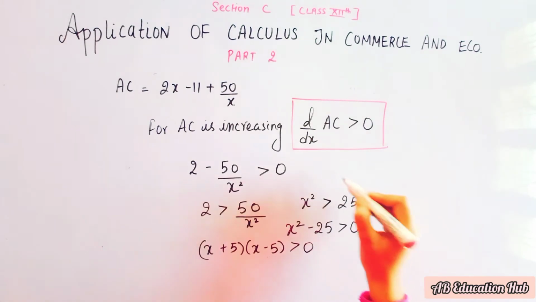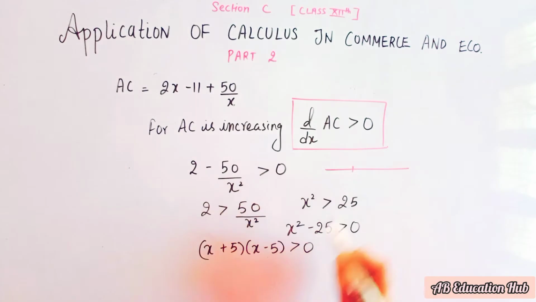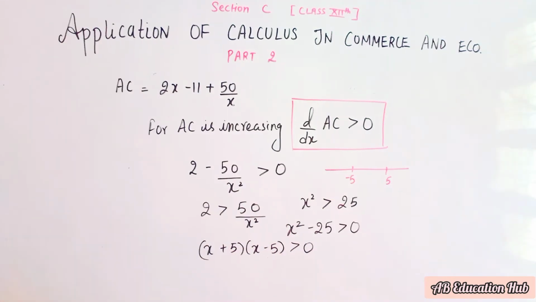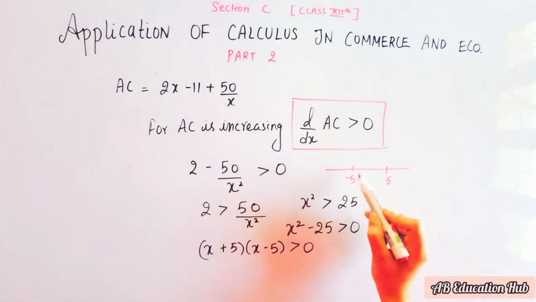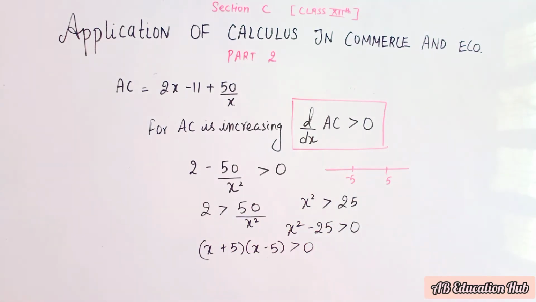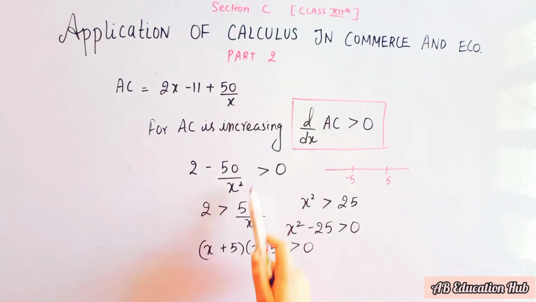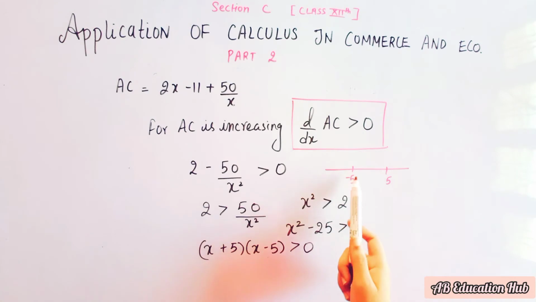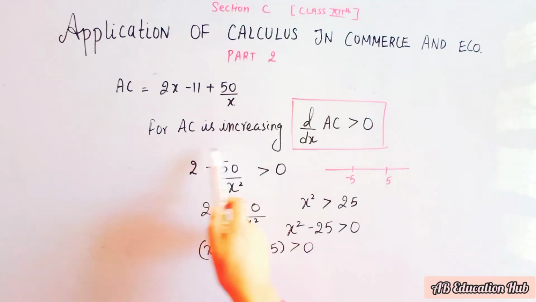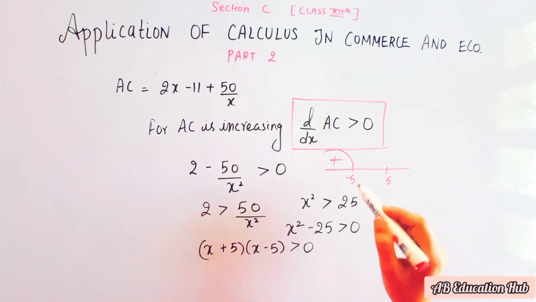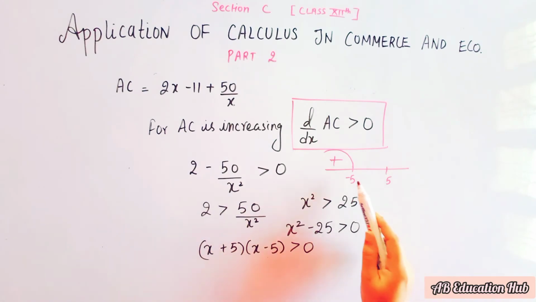Now draw a number line. The values of x are minus 5 and 5. Take any value less than minus 5 as a test value and put it in d by dx of AC, that is 2 minus 50 by x square. If I put any value less than minus 5, my sign for d by dx of AC will be positive. So this is a positive interval. Take any value in between minus 5 and 5. We can take 0.